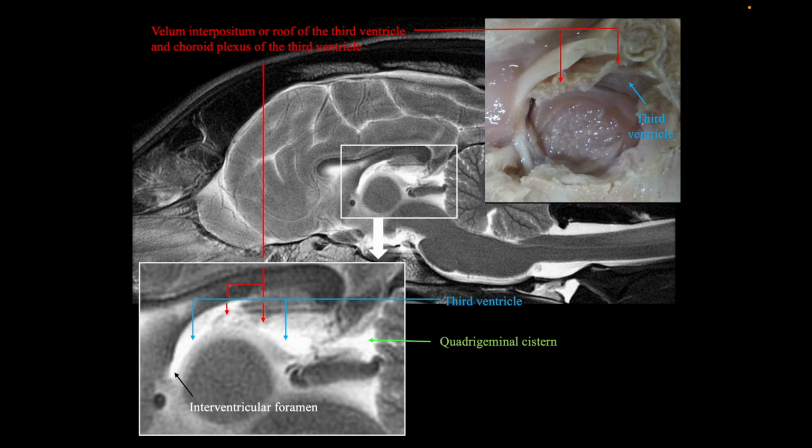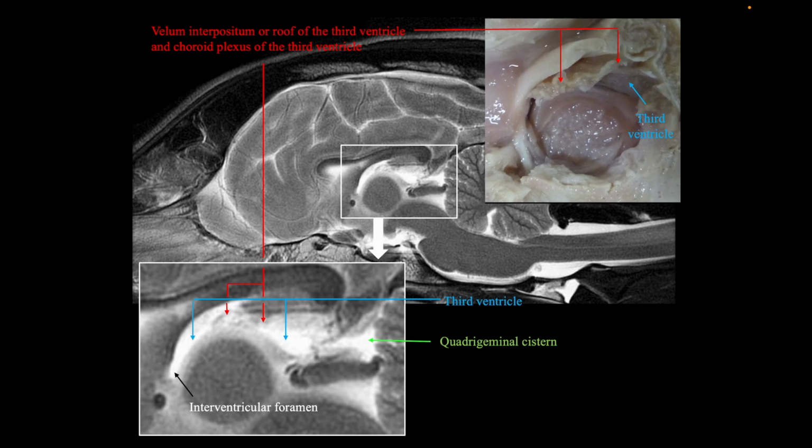So now this is an MRI midplane section, and what I want to show you is this area on the image that is enlarged on the bottom aspect of the screen, so you can identify the third ventricle. This is a T2 enhanced sequence, and also you can identify the velum interpositum or roof of the third ventricle.